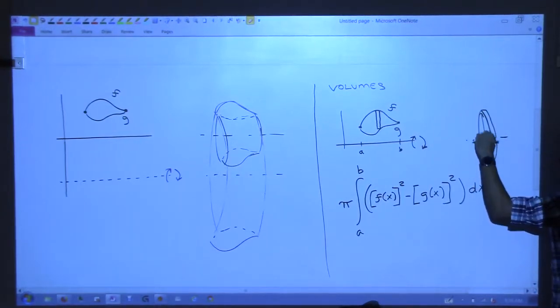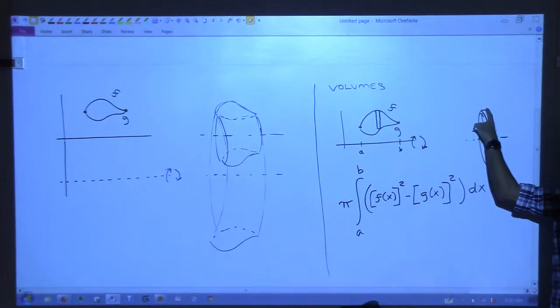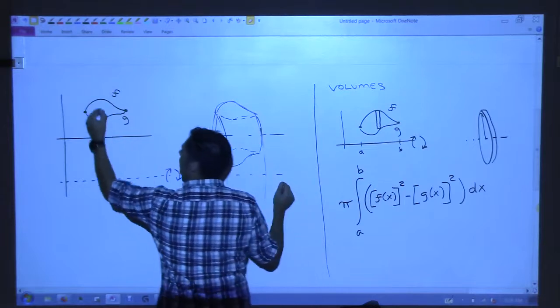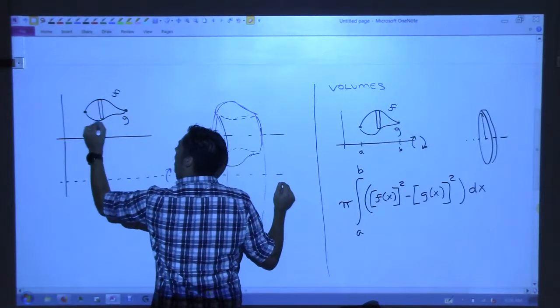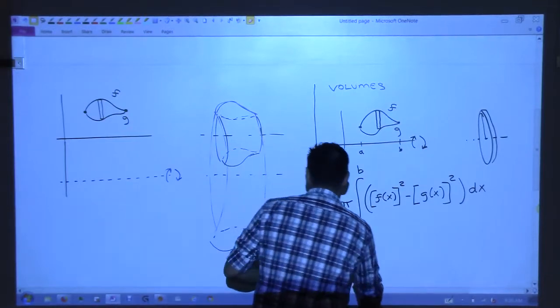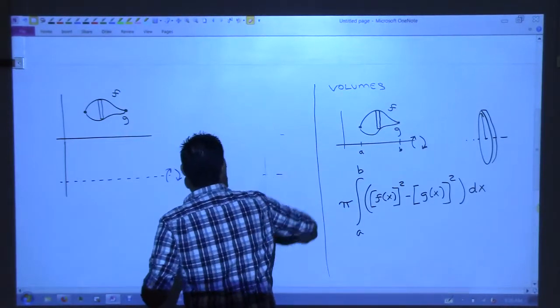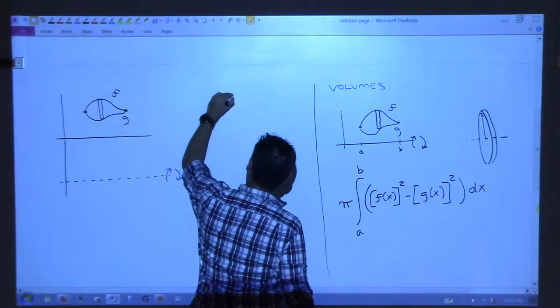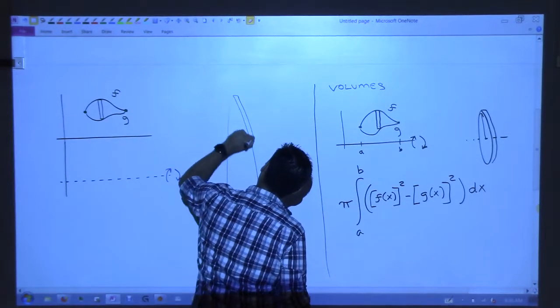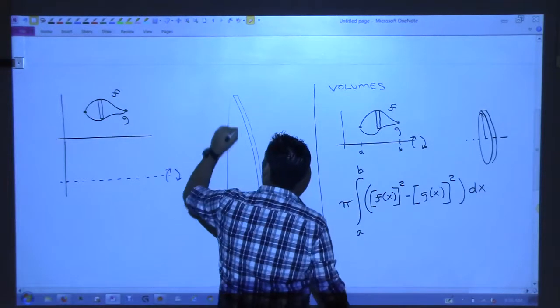So the distance from the x-axis to the function is the radius. But here, when I take this rectangle and I wrap that around, let me erase this. If I take that rectangle and I wrap that around, I get this huge washer, right?